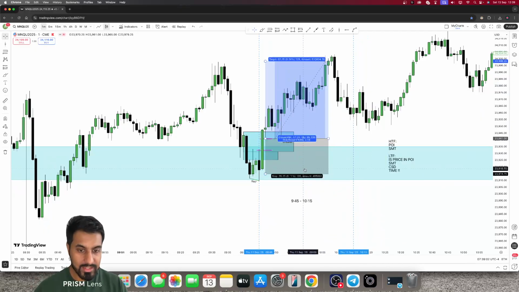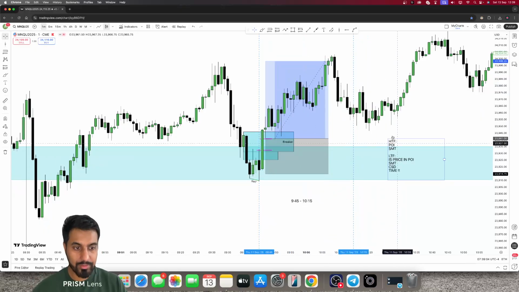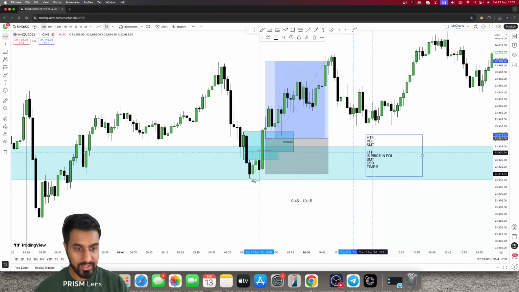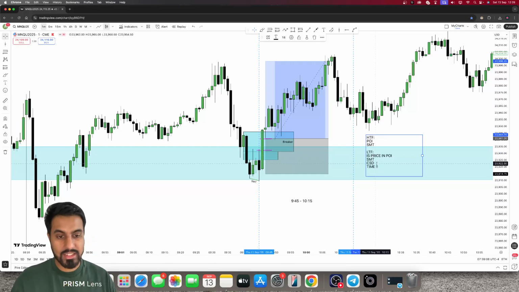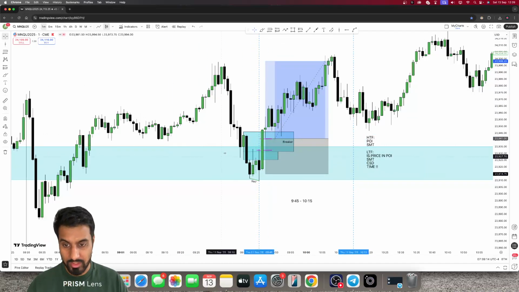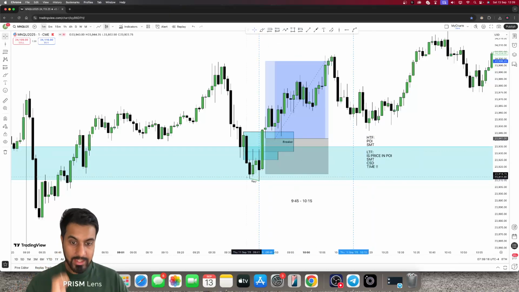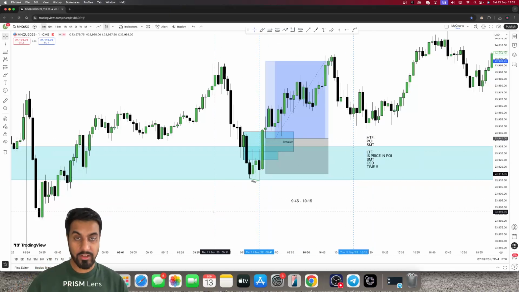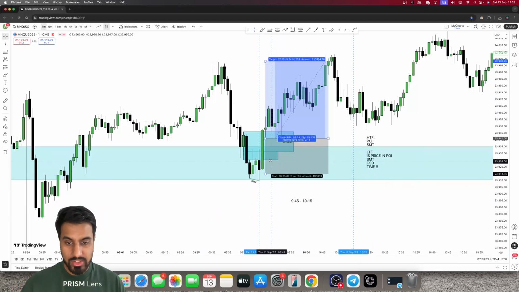So this is where, if we run through the checkboxes on the left here, the lower time frame, we see, is price in the point of interest? Yes, it is the point of interest, which is the blue box that we've drawn on the left here, the big one. Now, do we have SMT? Yes, we do. In order to confirm the SMT, is there a change in the state of delivery?